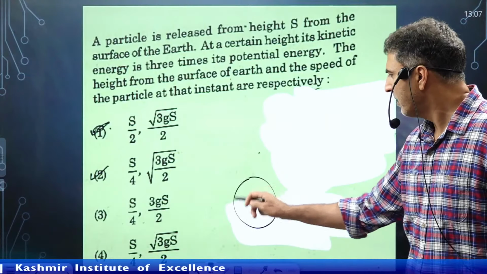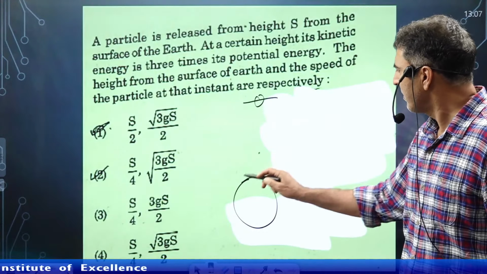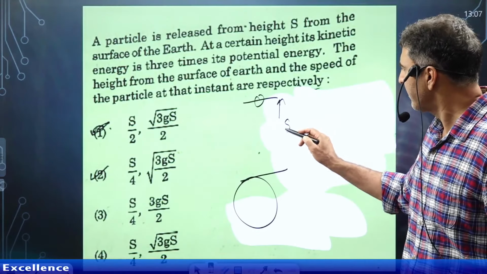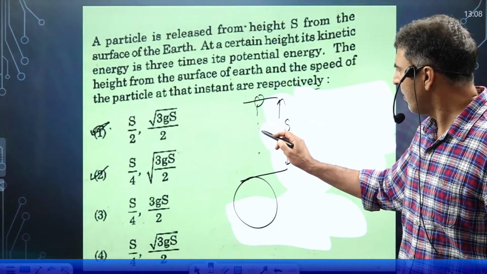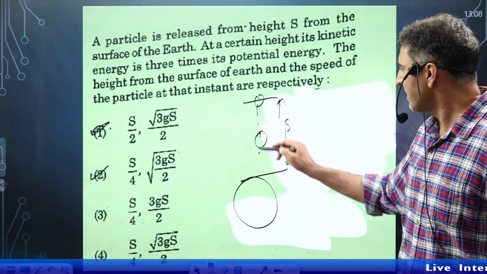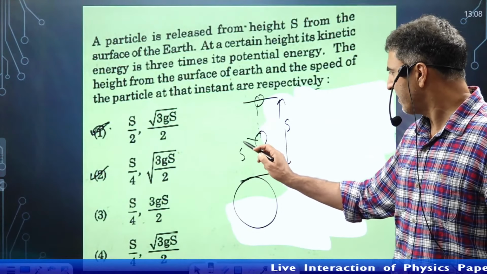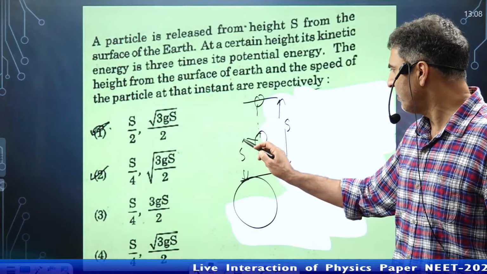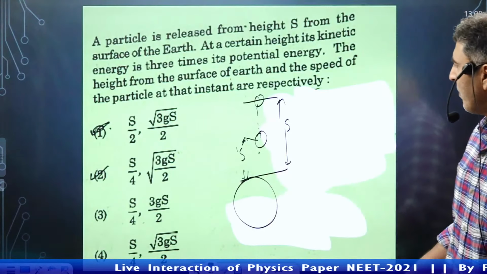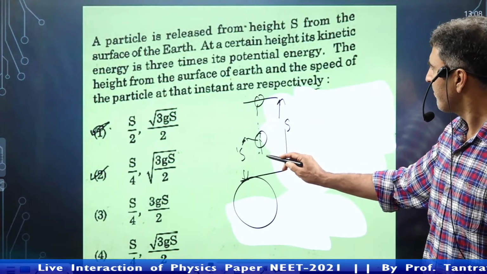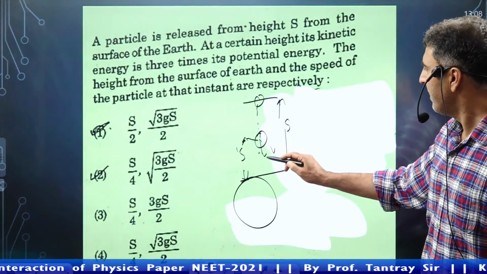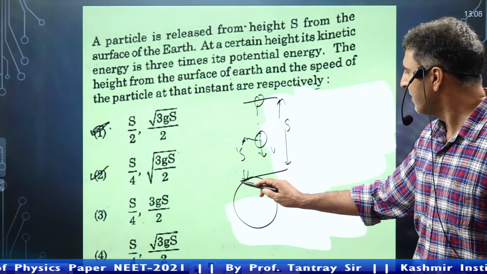It is Earth, and here is the particle which falls from height s. It falls and falls, and at some point it may be at a distance s prime from this surface. We have to find its speed here and how far away it is from the Earth's surface.